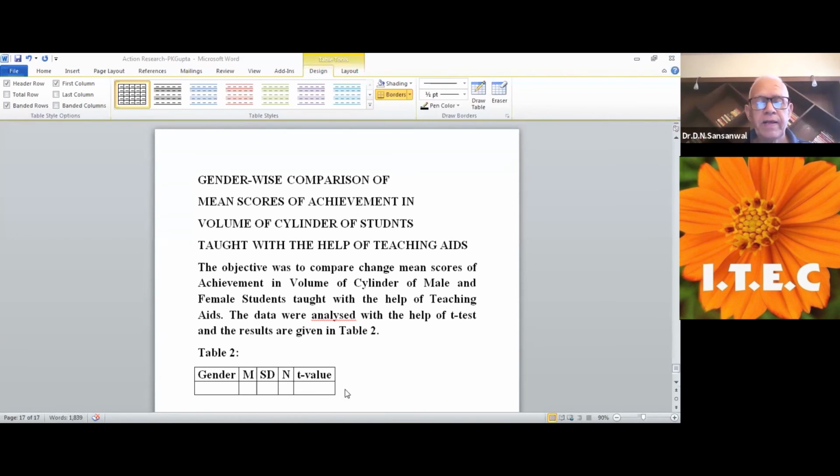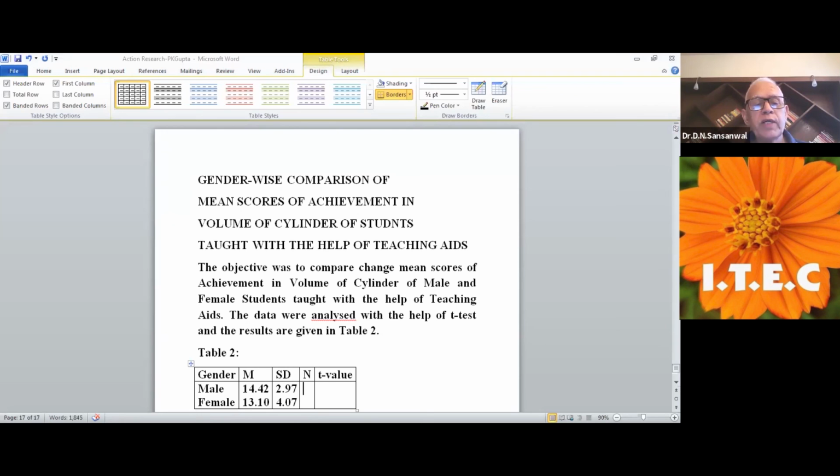Yes. So now here I have males, and then I have female, and here the mean was 14.42, and this was 13.10, and SD was 2.97, and here it was 4.07, and how many males? Let me just check.